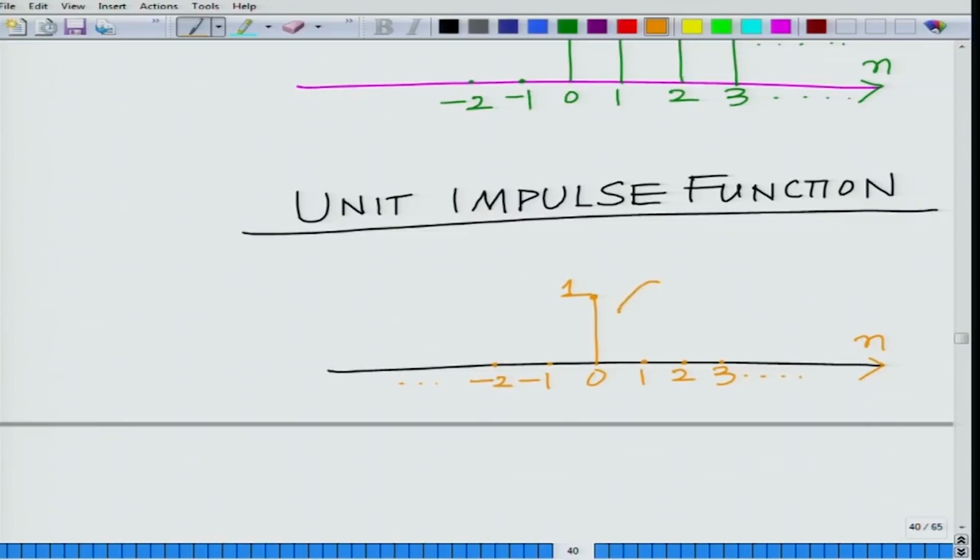So, this unit impulse function, which is represented as delta n, equals 1 for n equal to 0, and 0 for n not equal to 0. This is the unit impulse function.